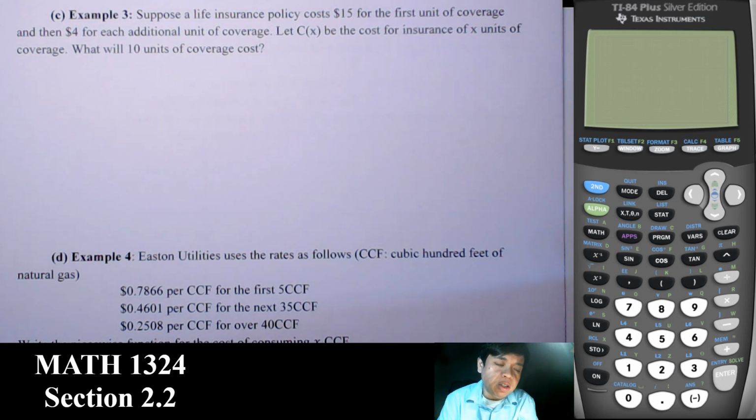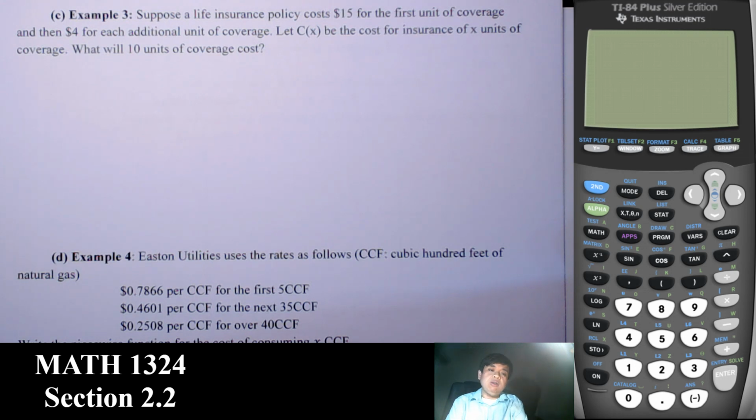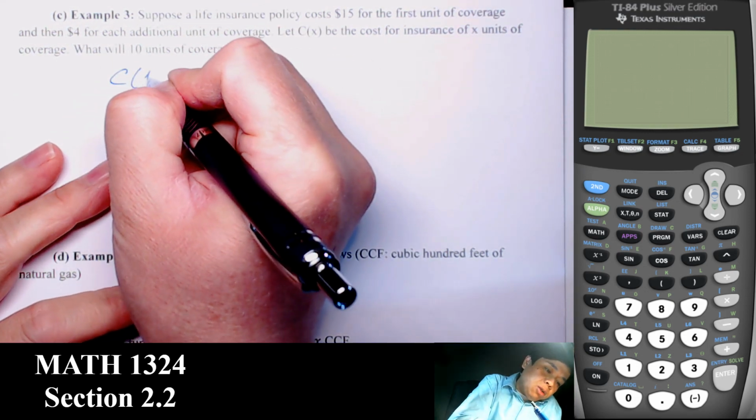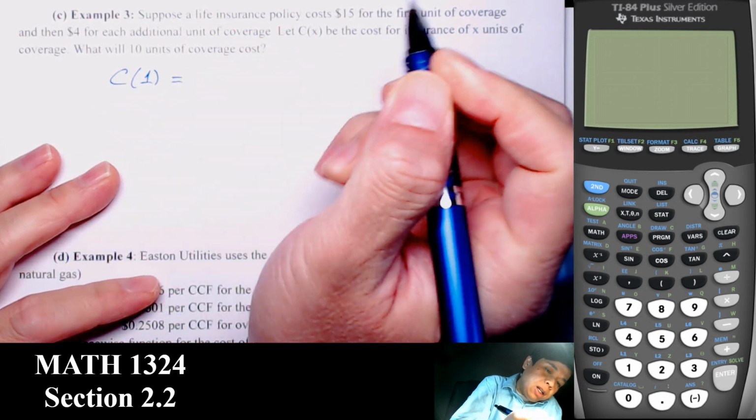Suppose a policy costs $15 for the first unit, and then $4 for each additional unit. Let x be the number of units, and find what 10 units will cost. So if it is just 1, it's going to cost $15.